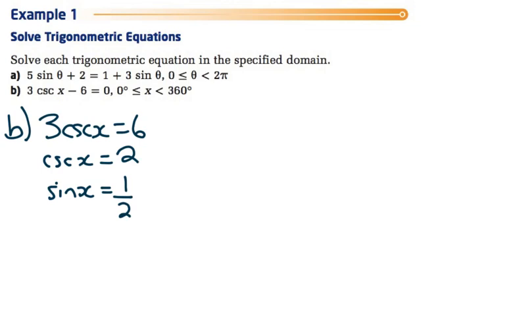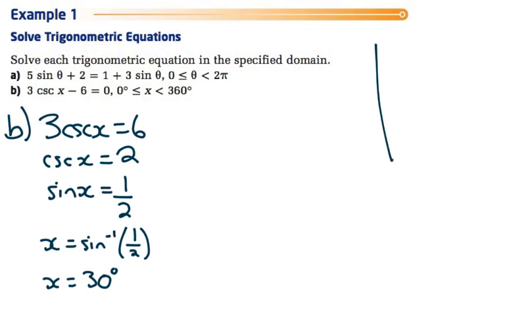Again, at this point we can go to the calculator. So x equals sine to the -1 of half. Put that into the calculator, and we get x equals 30 degrees. Putting that on the XY axis, 30 degrees would be about there.